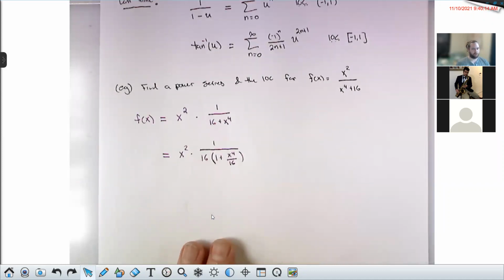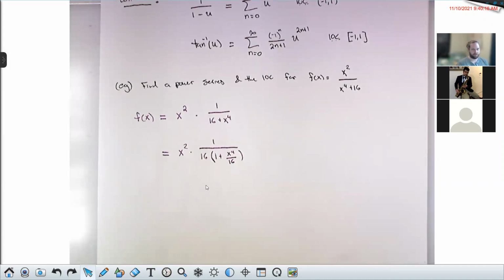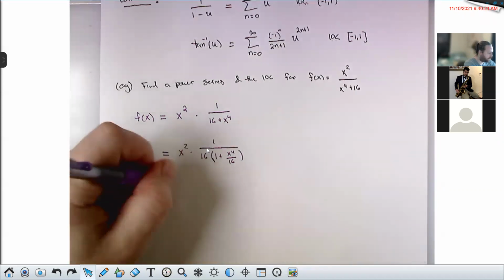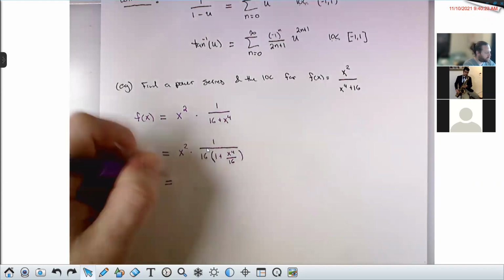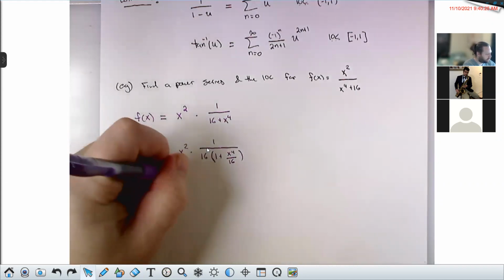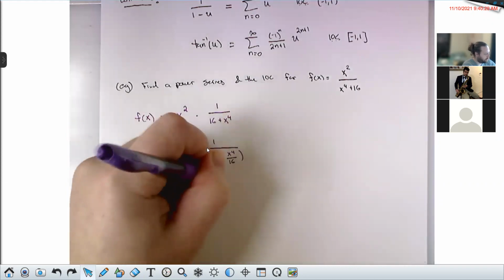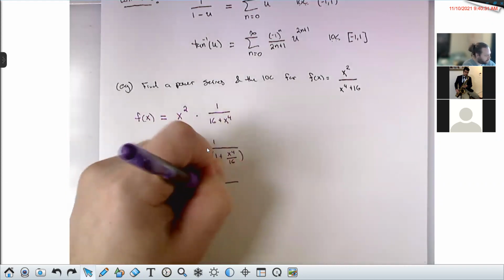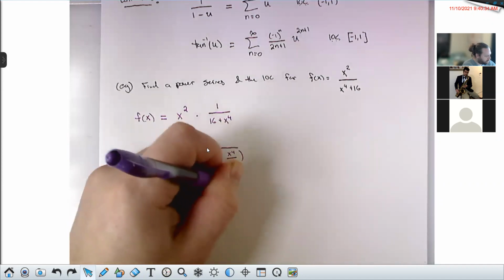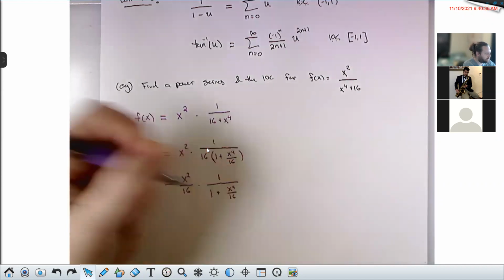So downstairs, I'm going to force factor that 16. Because I can then bring that 16 out of the big fraction and write this as x squared over 16 times 1 over 1 plus x to the 4 over 16.